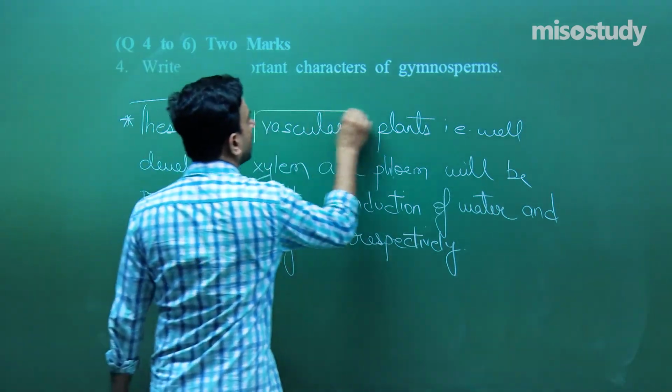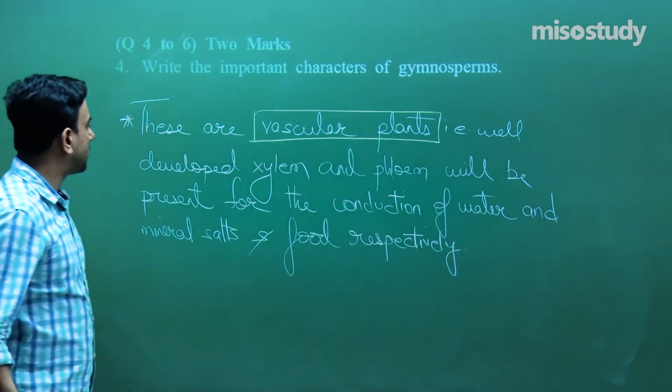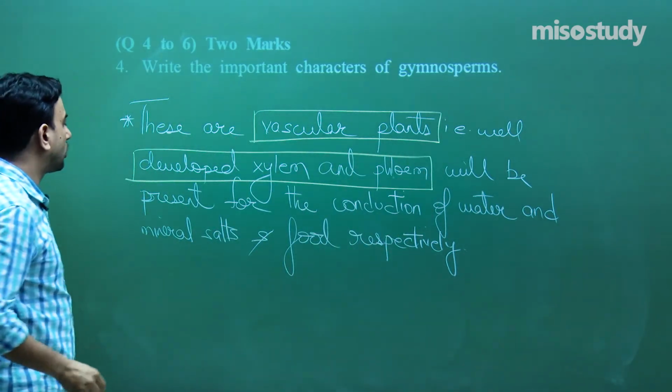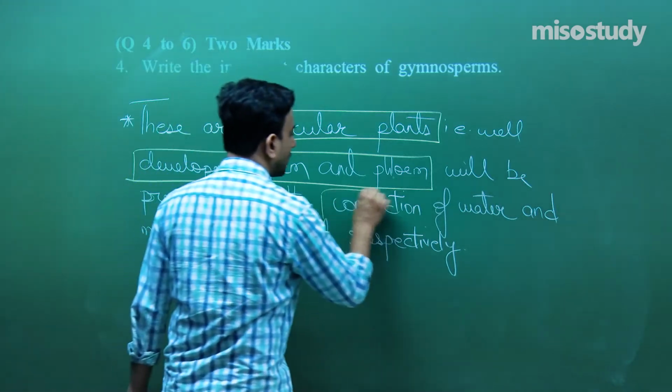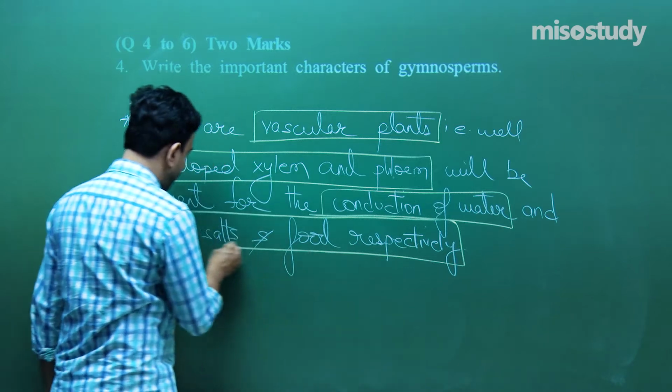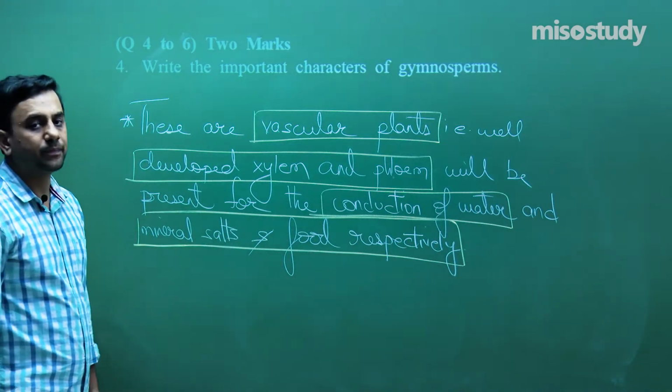So, these are vascular plants, with well developed xylem and phloem.